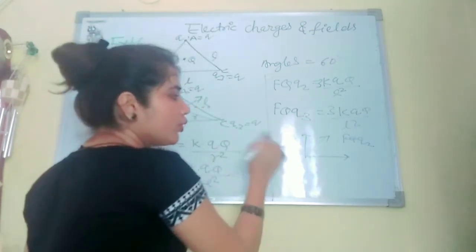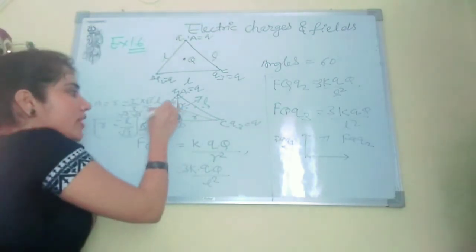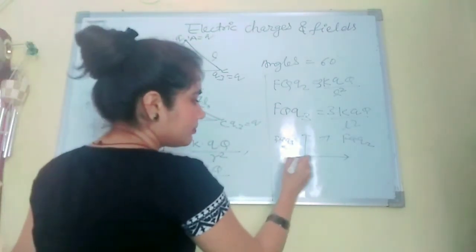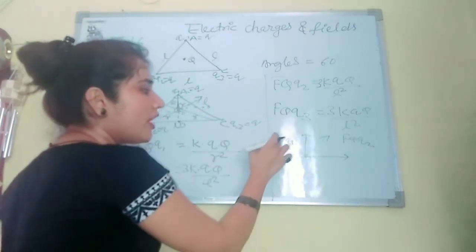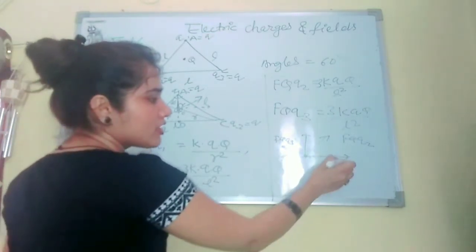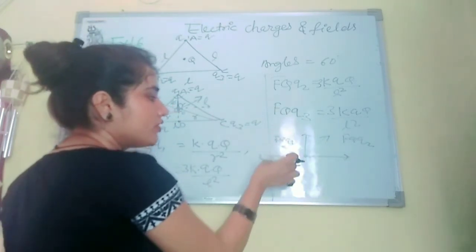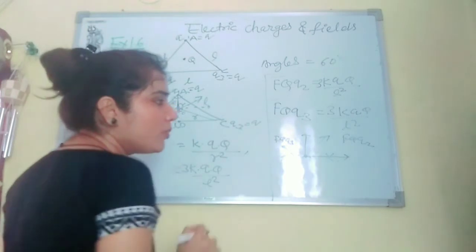This is the FQQ3 that is applying in this direction if we extend this force. And this is the x component, and this is the y component of FQQ3. So the x component of this charge and the x component of this charge will be cancelled out, and we just have y components.